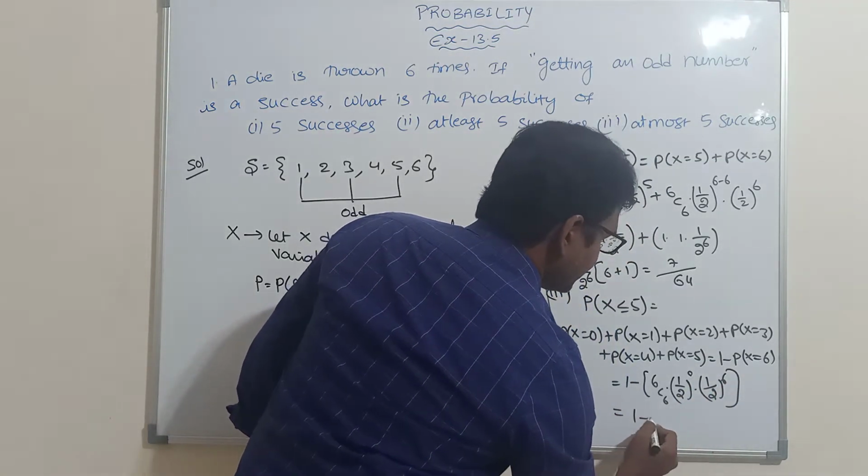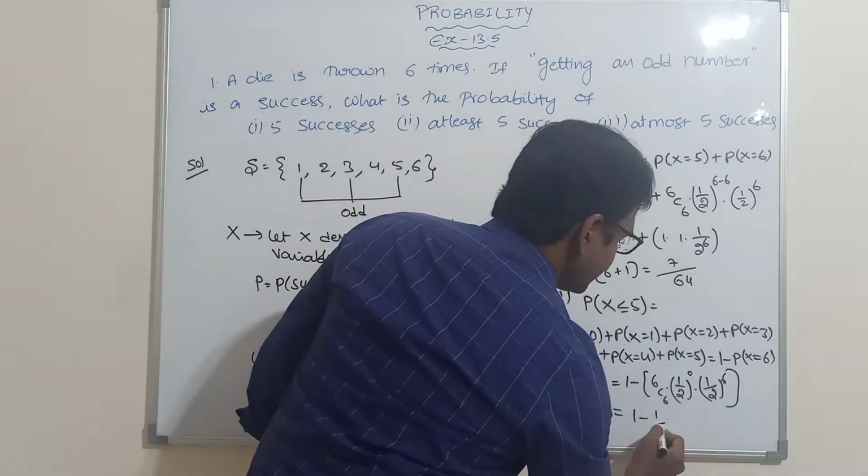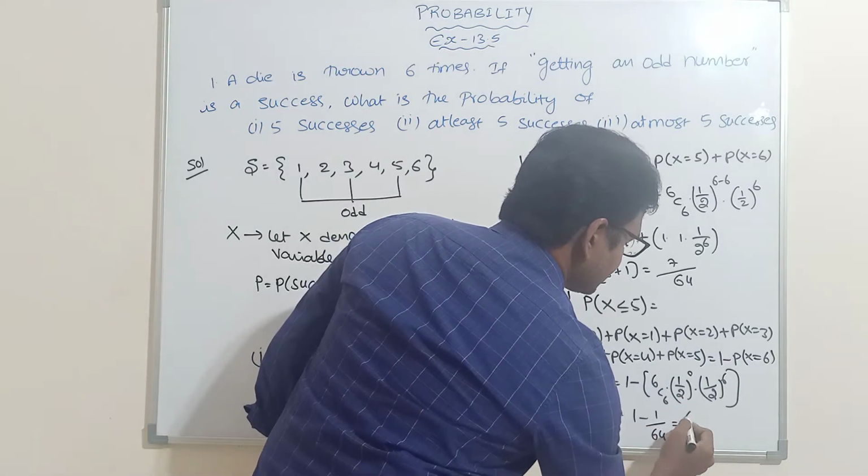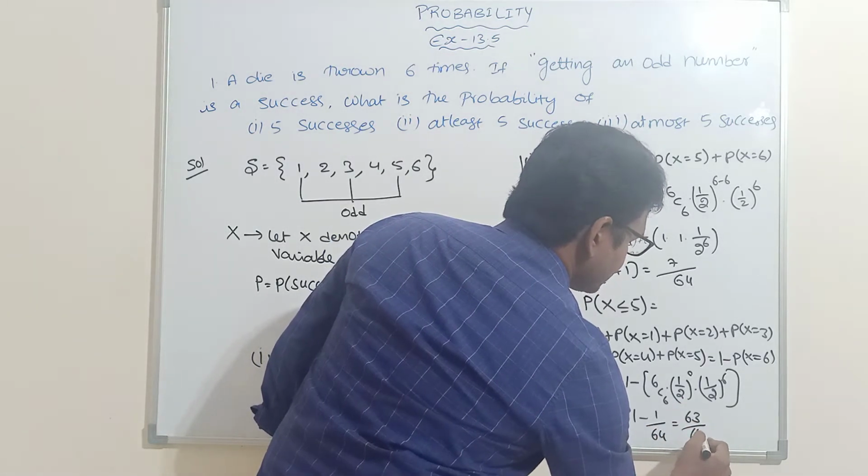So 1 minus 1 into 1 by 64. So the answer is 63 by 64.